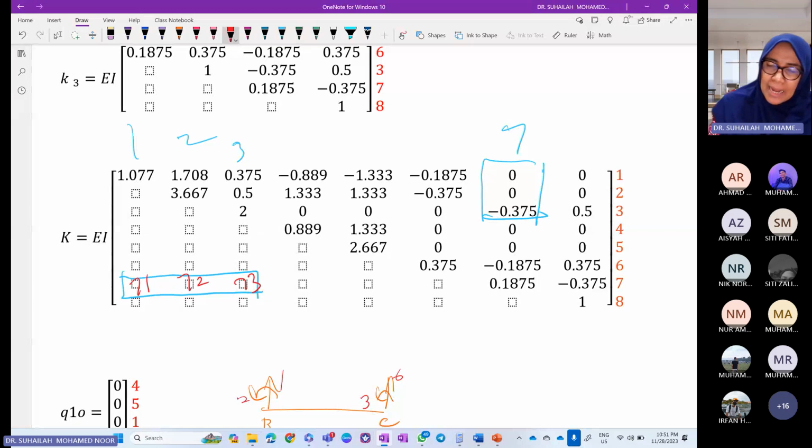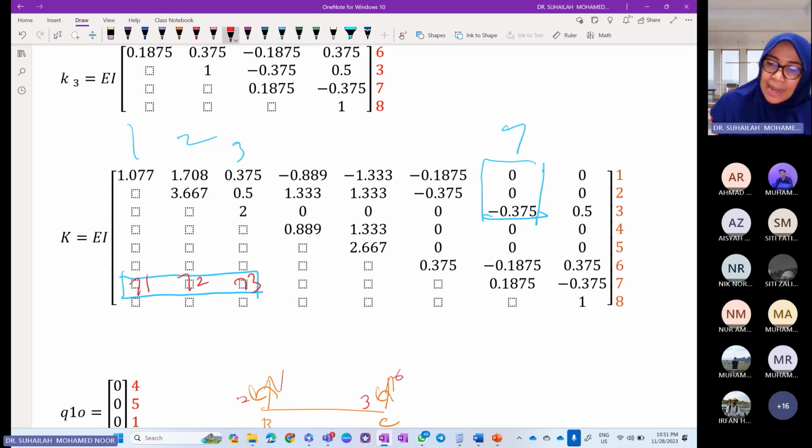Because 7,1 kali dengan D1, 7,2 kali dengan D2, 7,3 kali dengan D3. So from this, yang kita akan pakai for the answer is 7,3 only, because 7,1 and 7,2 are 0. 7,3 je yang ada value.